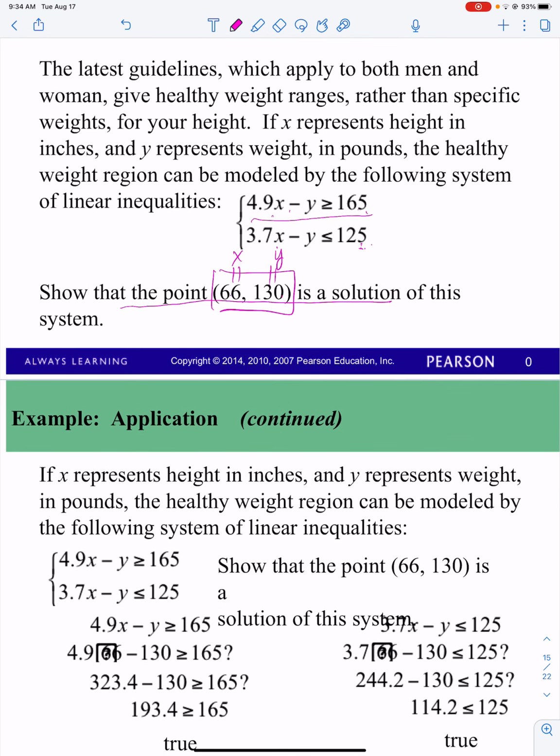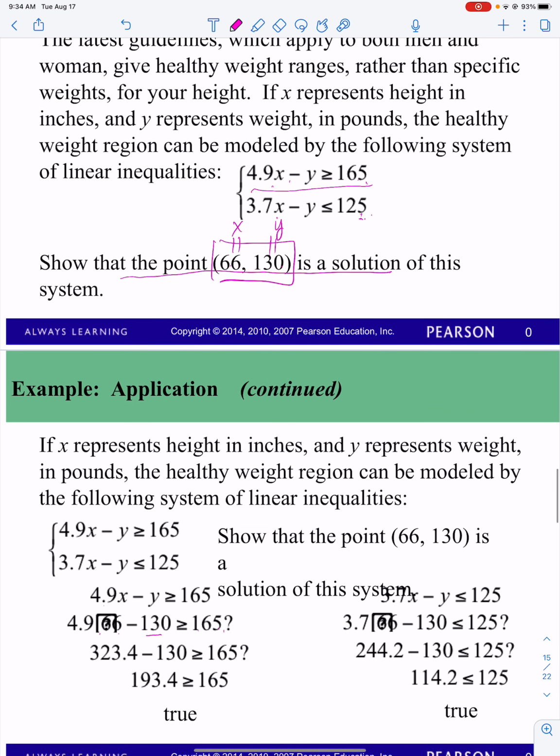So this means 4.9 times 66 minus 130 has to be bigger than 135. So you substitute and you get, oh, it's true. And then 3.7 times 66 minus 130 is also true. Then what does this mean? This is a solution. You have already proved it.